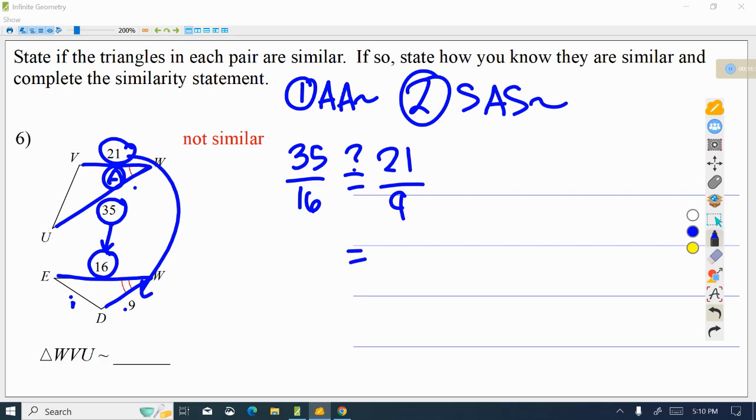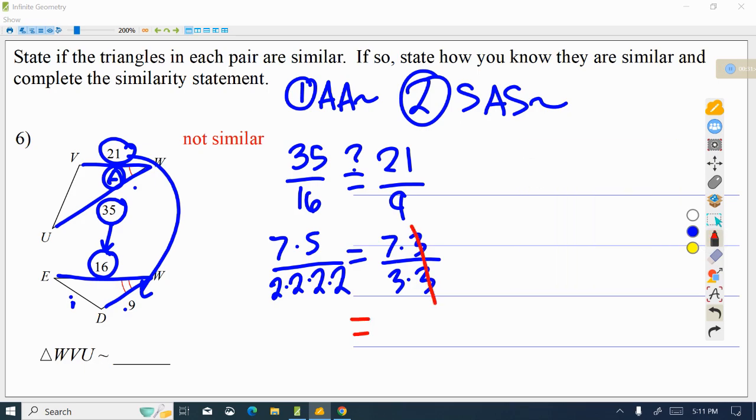Then we have 7 times 3 over 3 times 3. And then on this side, we don't have any way of breaking anything down, right? If we look at it, we have 7 times 5 over, as we said before, 16 is just a bunch of 2's, 2 times 2 times 2 times 2. There's nothing I can cancel out. On the right side, I can cancel out the 3's, but not on the left side.